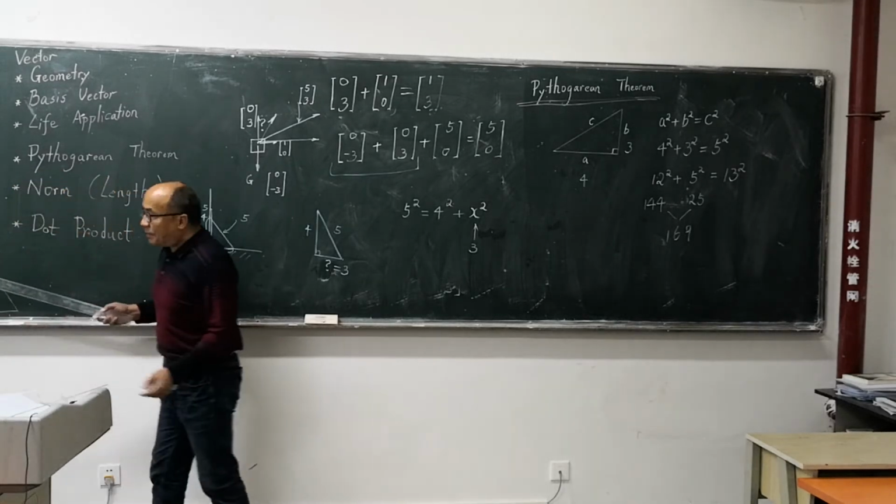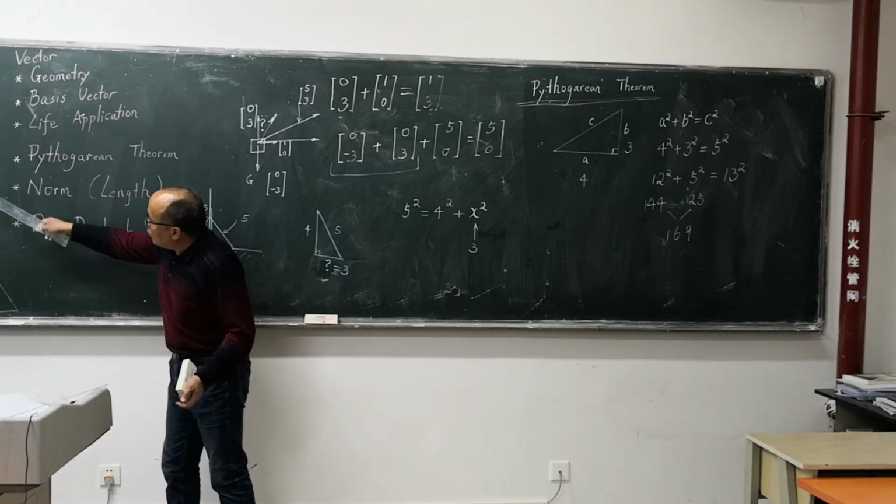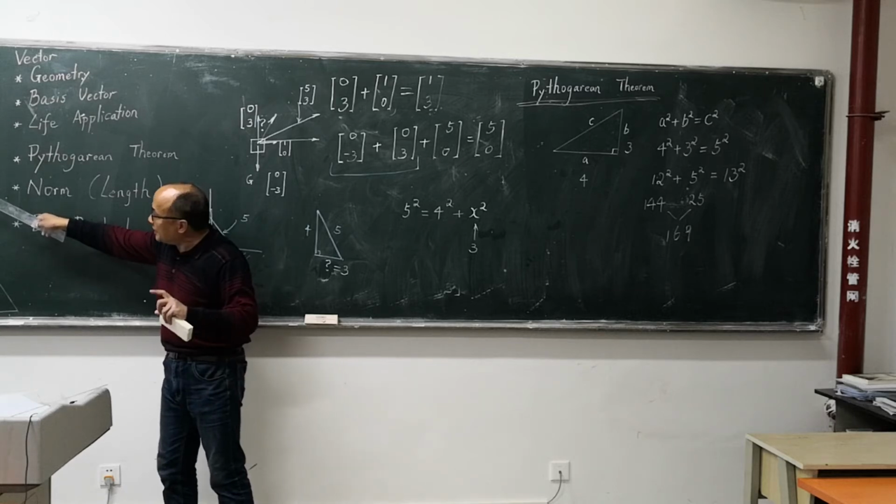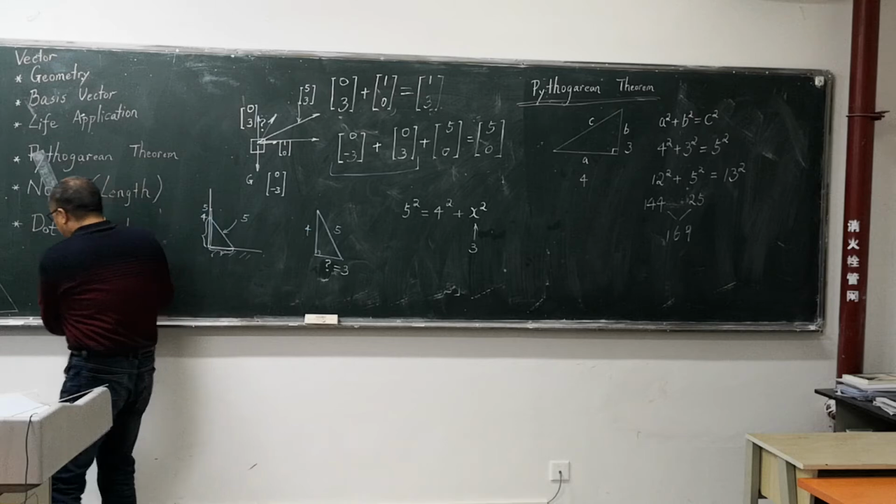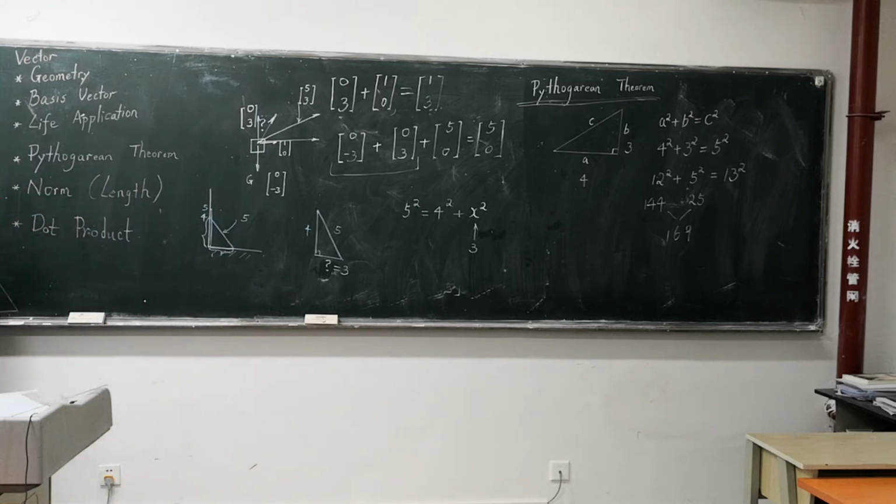Now the amazing part is here we only lower by 1 unit. Originally it is 5 units. Now we lower by 1 unit, but this end only moved 1 unit. But this end, how much moved? 3 units. It's 3 times.